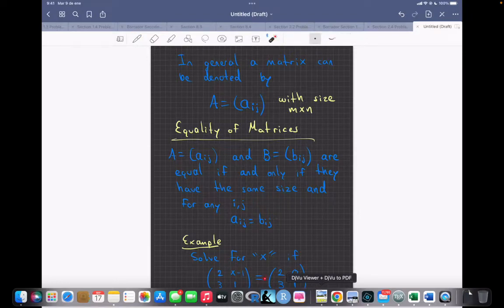Notice that they have the same size, 2 by 2 in both. If I'm saying that they are equal, because of this symbol, then entry by entry they should be equal. The entry in row 1, column 1 here should be equal to the entry in row 1, column 1 here. The entry in row 1, column 2 here should be equal to this, and this one to this, and this one should be equal to this.